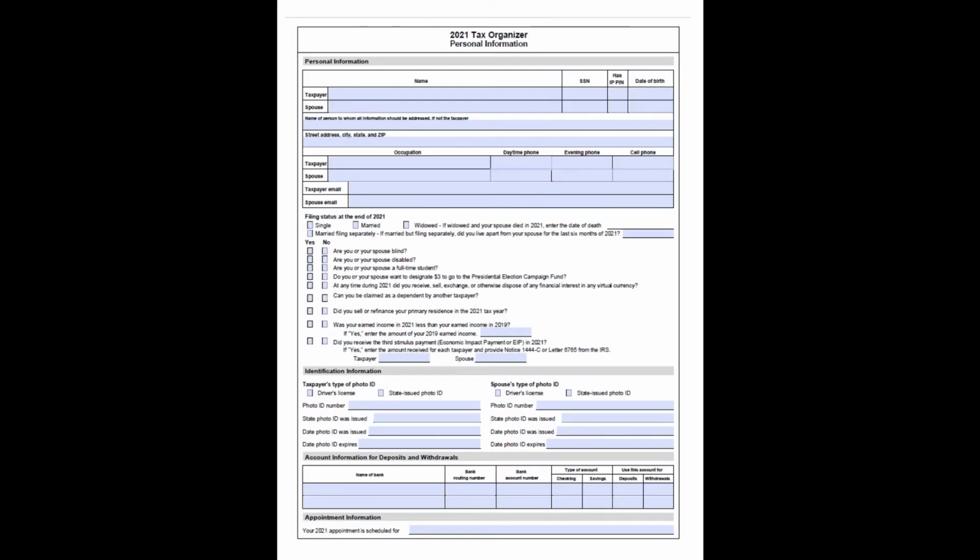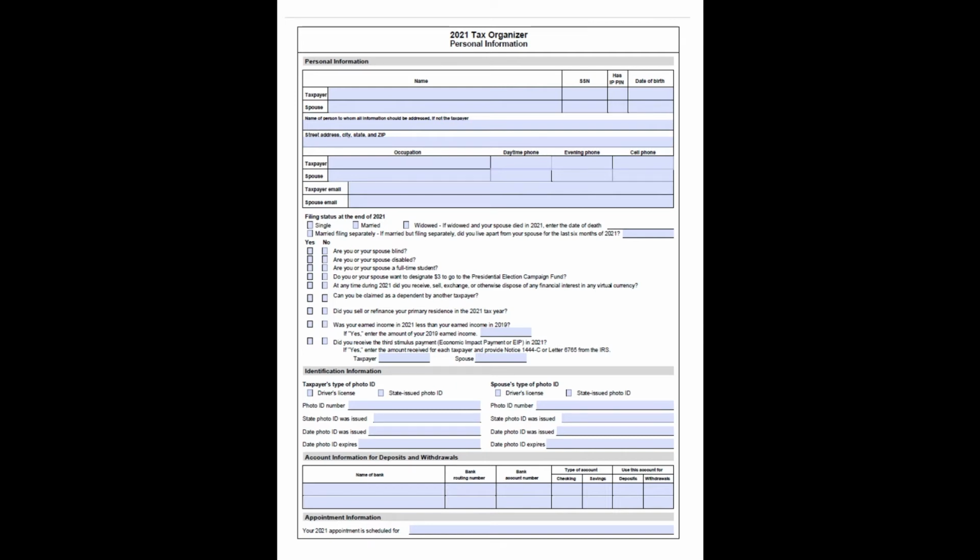Next, we are going to look at the first page where you are going to start filling in your personal information. Starting at the top, we ask for the taxpayer and spouse information or name. And one question that I get here is, which is the taxpayer and which is the spouse? Who's who?